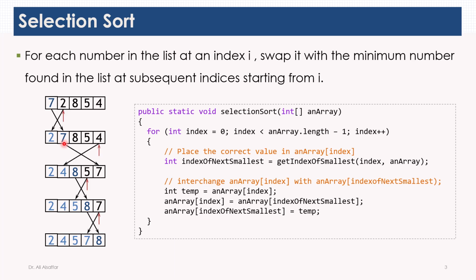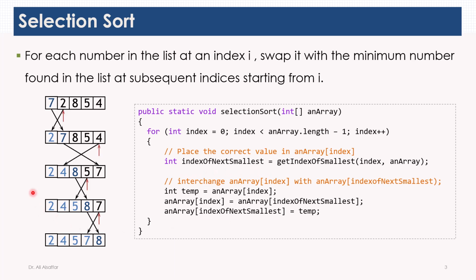Where is the smallest integer? The smallest integer is 4. What is its index? Its index is 4. So this 4 will be the returned value and will be saved into indexOfNextSmallest. Once we return from this method, the interchange will be between index 1 and index 4, which is the index of the next smallest integer.